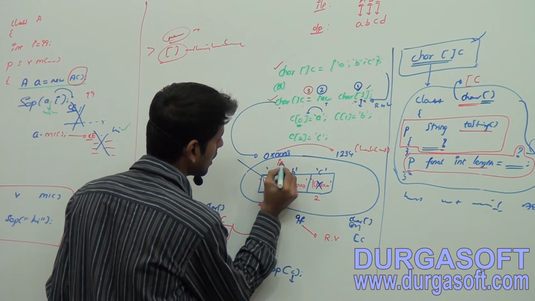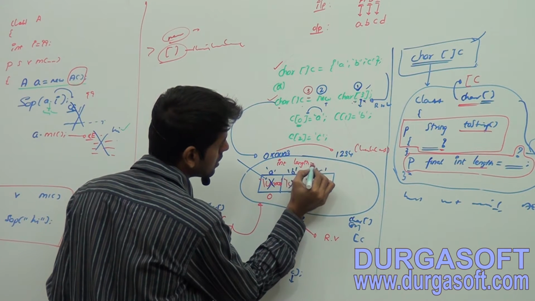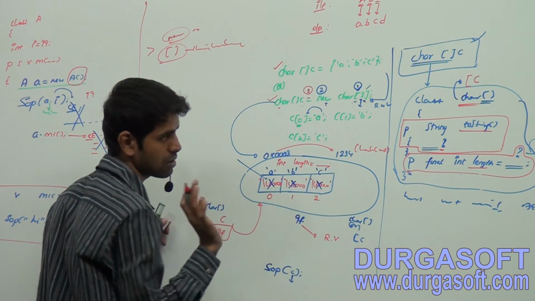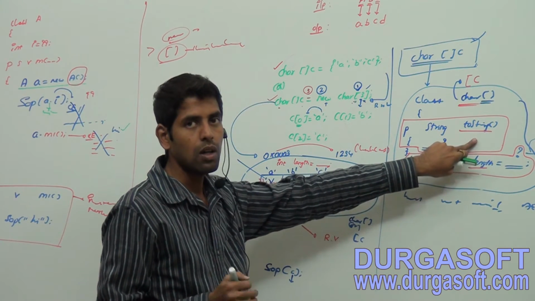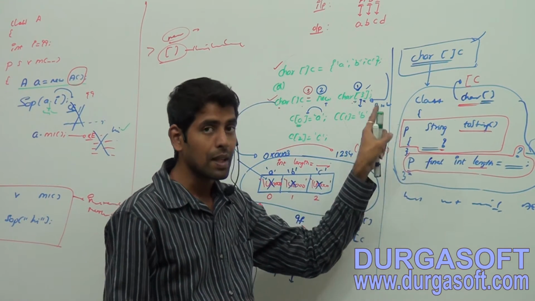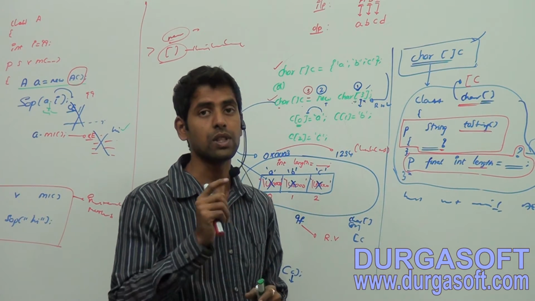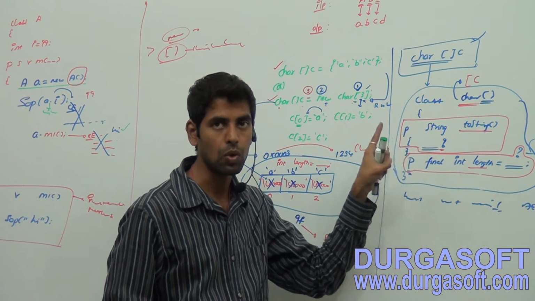Let it be int length. Now what is this value? We will discuss. Now this method is what? ToString method, which is an instance method, having no static keyword at the method prototype.